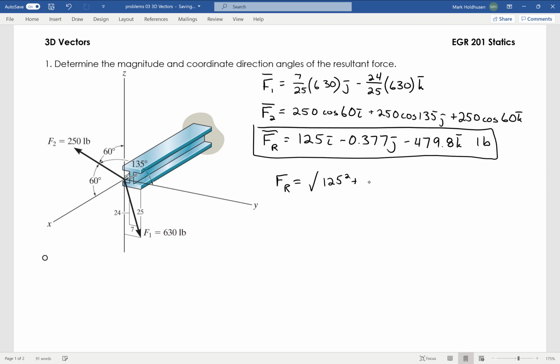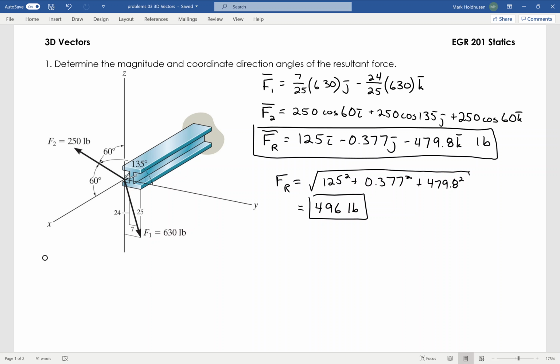So it's 125 squared plus 0.377 squared plus 479.8 squared. And that resultant force, that magnitude, is 496 pounds. Now the coordinate direction angles are a little bit more complicated, harder to visualize, I think, than just the three components.